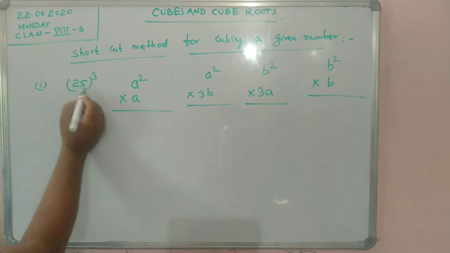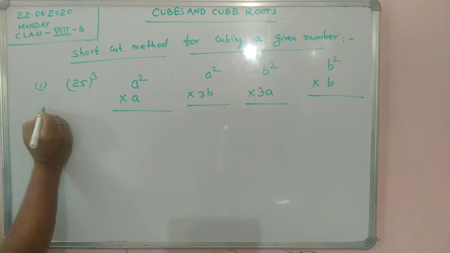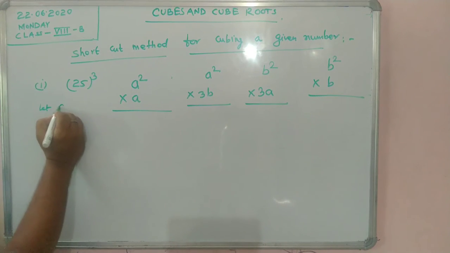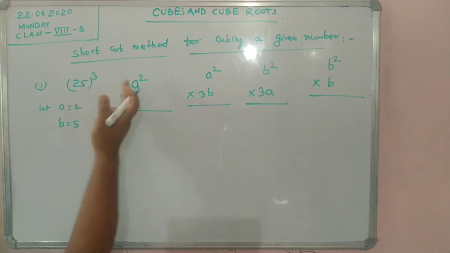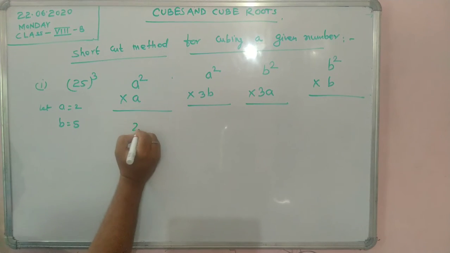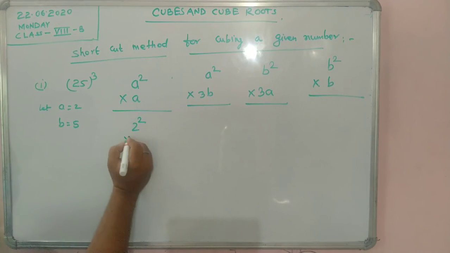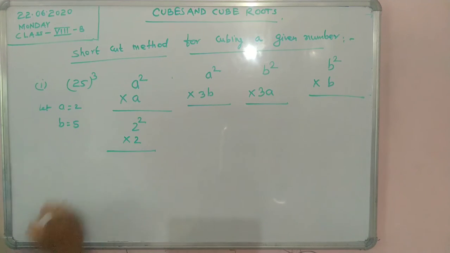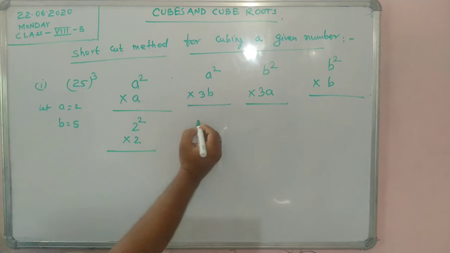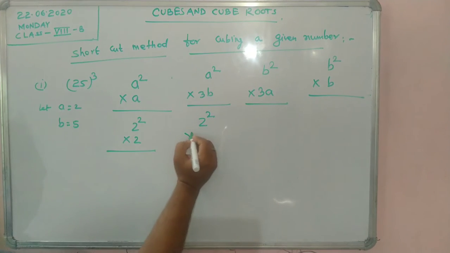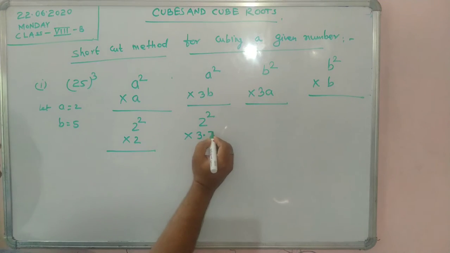First of all, the given number is 25. So we will consider a equal to 2 and b equal to 5. How will it go? A square, that means 2 square into 2. Next, a square again, that means 2 square into 3b, that means 3 into 5.